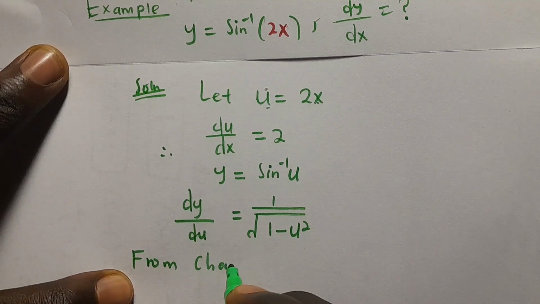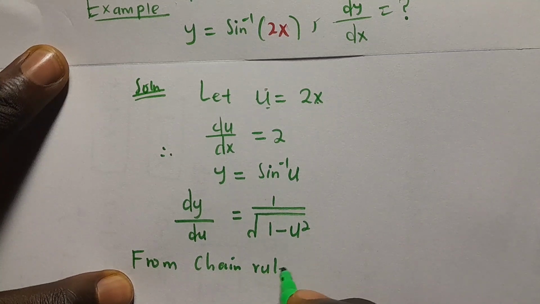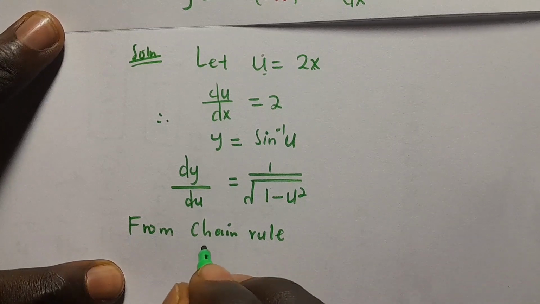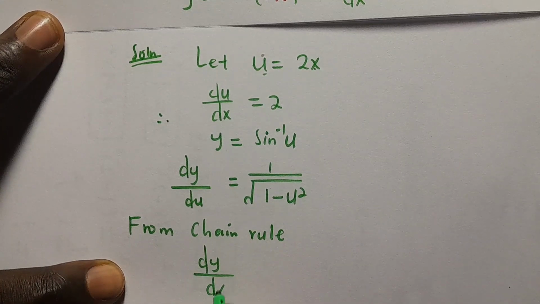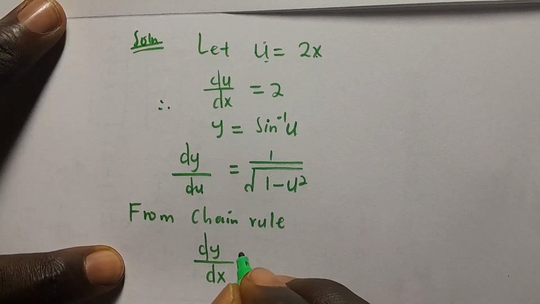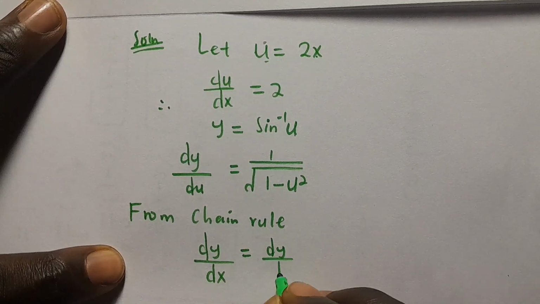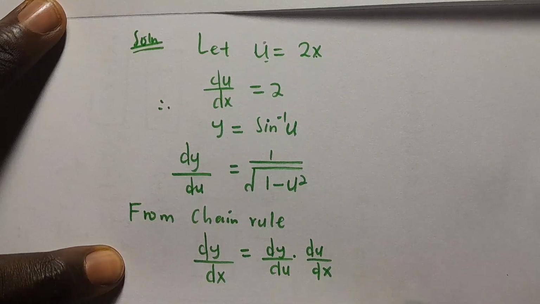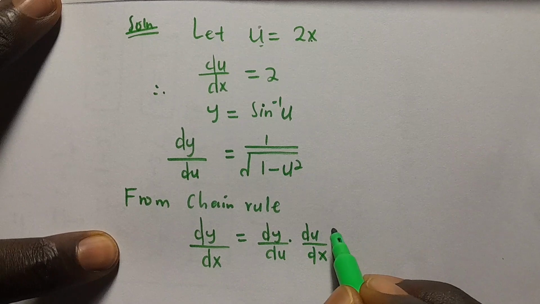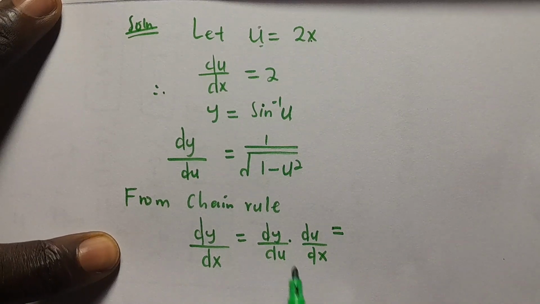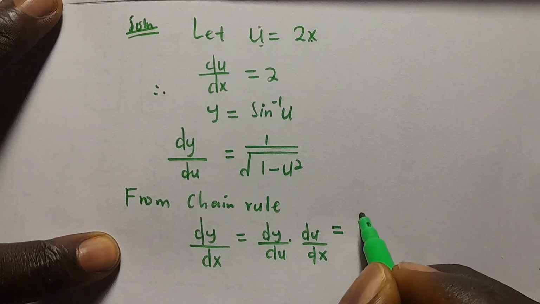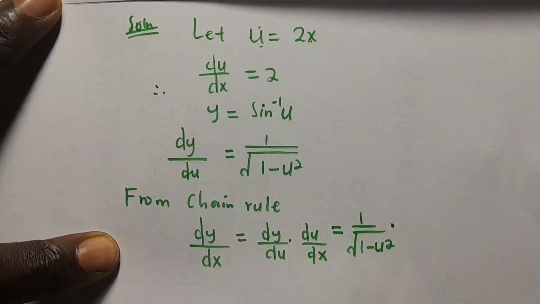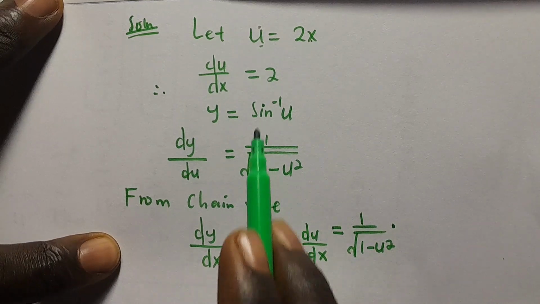So therefore, from the chain rule, we believe that dy/dx will be equal to dy/du multiplied by du/dx, and our dy/du has been given to be 1 divided by the square root of 1 minus u squared, multiplied by du/dx, which equals 2.